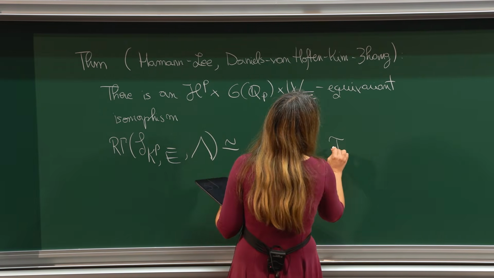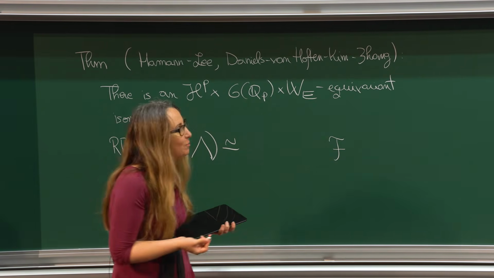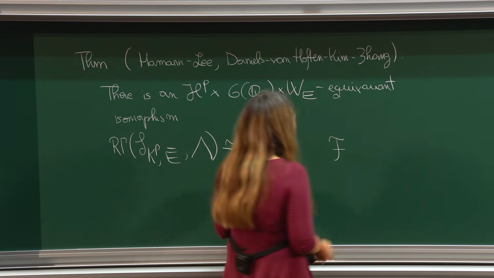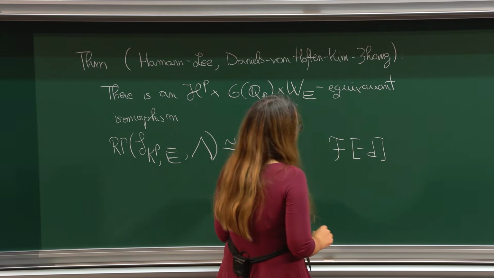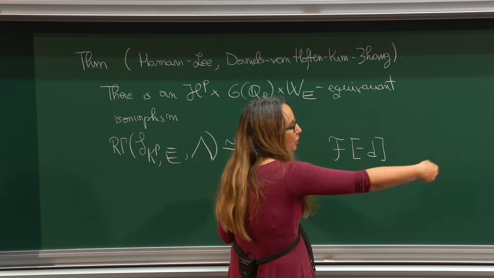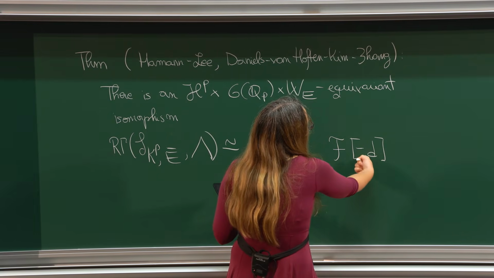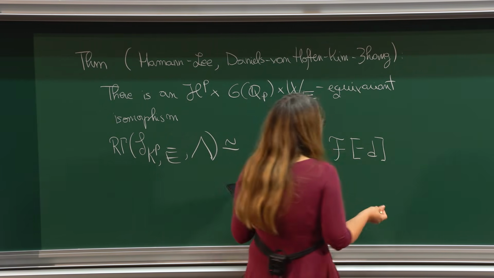You take the relative cohomology of the Igusa stack, that's my sheaf curly F. And then you shift it so that it's in degree D, by the dimension of the Shimura variety D.